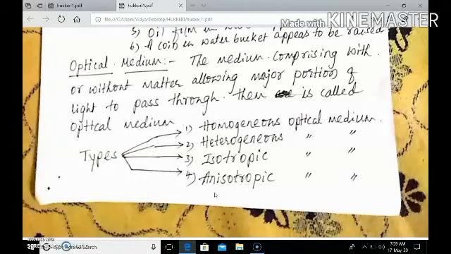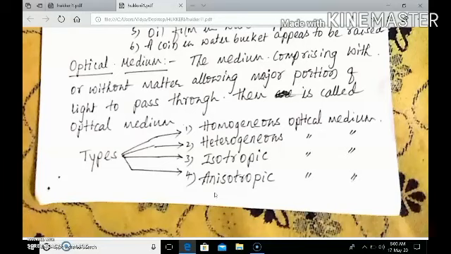The third one, isotropic optical medium. The medium in which light travels with the same speed in all possible directions is said to be isotropic optical medium. Examples: air, water, vacuum, glass, diamond, some oils.